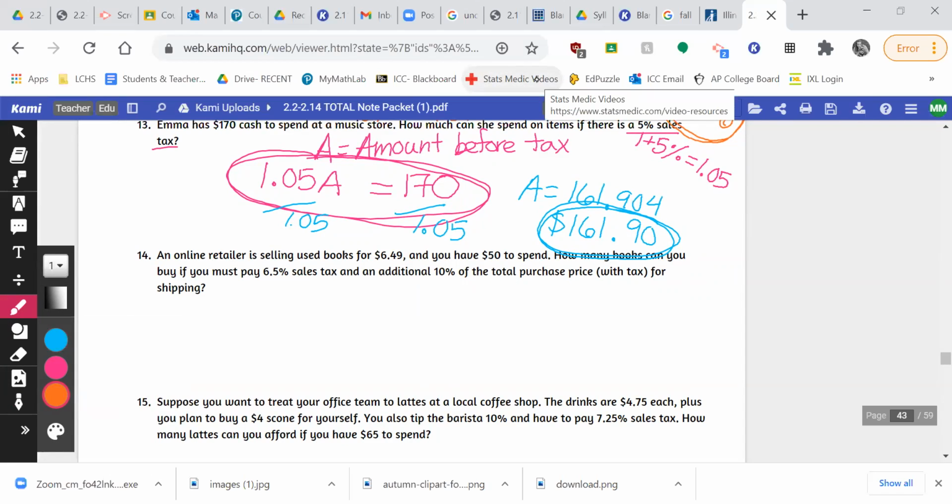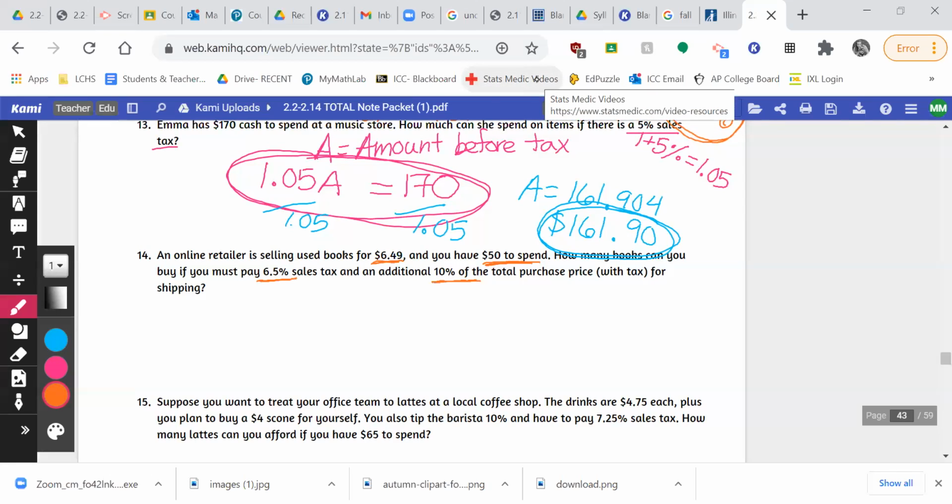Okay, number 14. An online retailer is selling used books for $6.49. You have $50 to spend. How many books can you buy if you must pay 6.5% sales tax and 10% for shipping? All right, so it says with the tax.